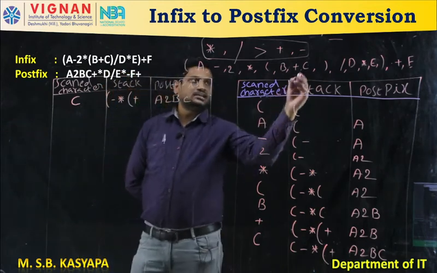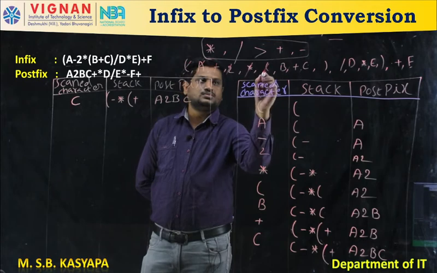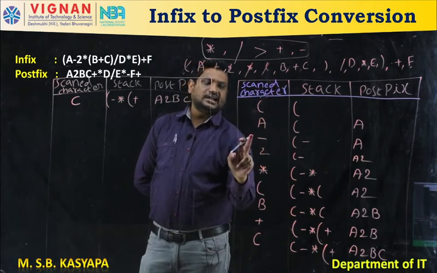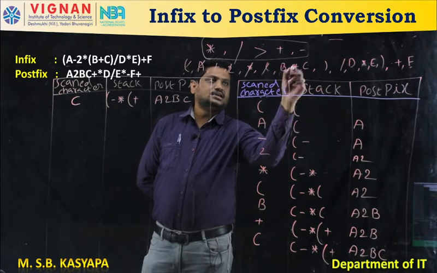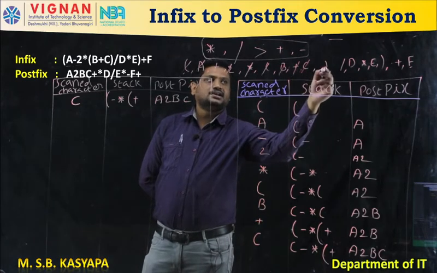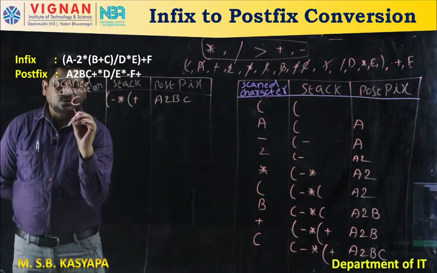Now, after C, this one is completed: A completed, minus completed, into, open bracket, am I right? Open bracket, A minus, into open bracket, B, plus; B completed, plus completed, C completed. Now, I have to read a closed bracket.